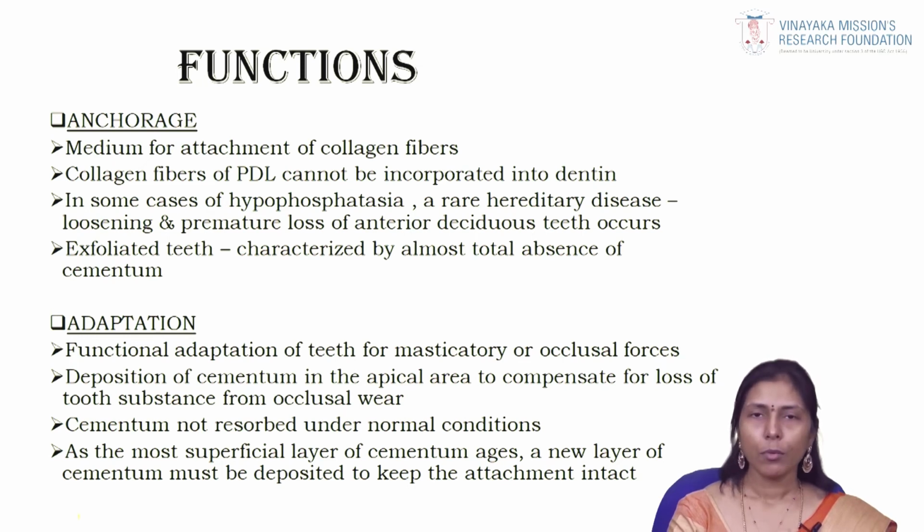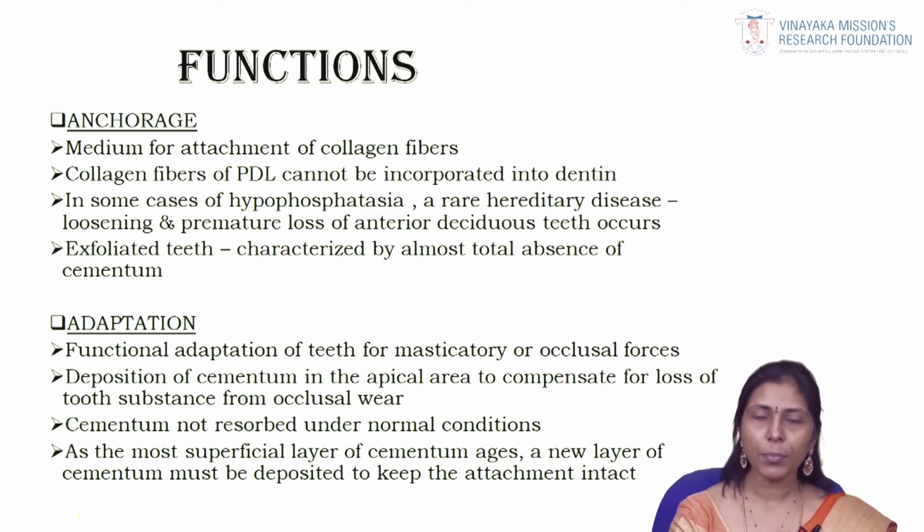So, only if a layer of cementum is present, the periodontal ligament fibers or the collagen fibers will get incorporated, and thus it is going to help in anchorage. If it is absent, then you cannot expect anchorage or support of the tooth with the alveolar bone or through the periodontal ligament fibers. Next, coming to adaptation.